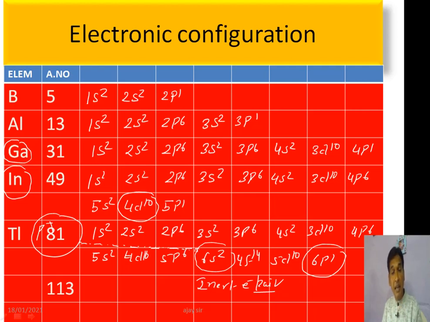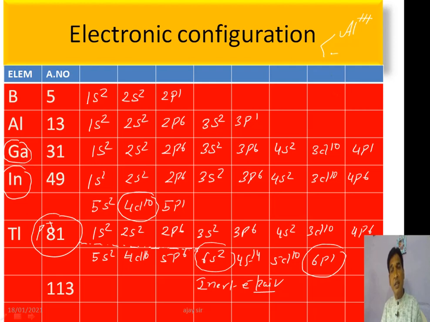Then thallium generally forms monovalent cations, but aluminium always forms trivalent ions. That is the effect of the inert electron pair. Aluminium generally forms trivalent ions and they are stable.